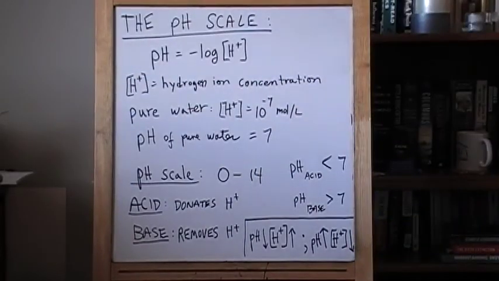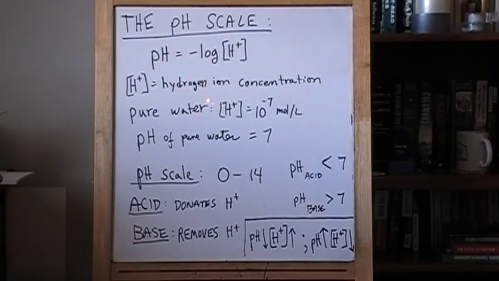Finally, in chapter 2, we have the pH scale. So what is pH? pH is defined as the negative logarithm of the hydrogen ion concentration. This H plus in brackets means the concentration of hydrogen ion, the amount per a given volume.